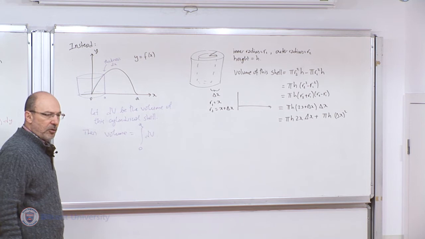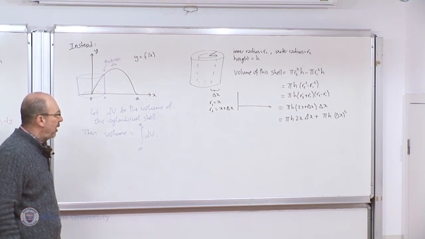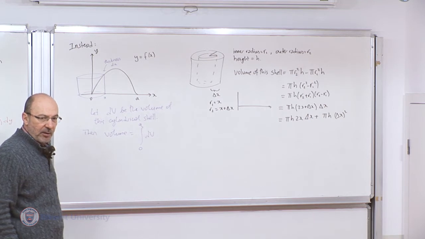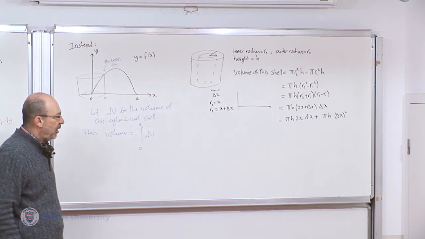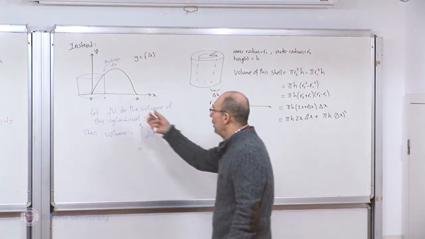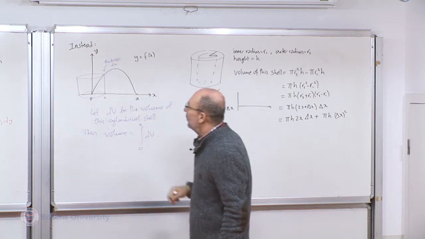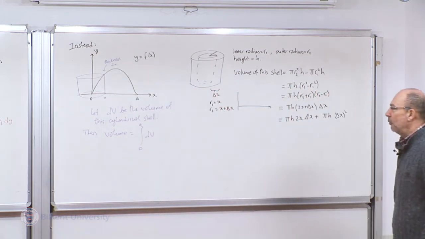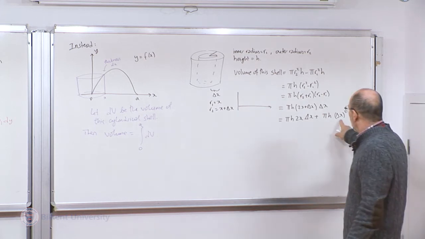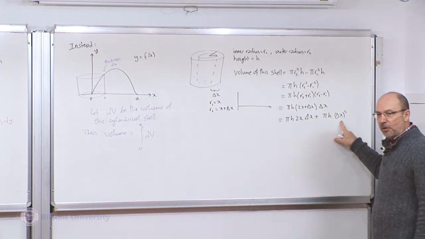The way you convince yourself with these arguments is that when delta x is very small, much, much less than 1, then delta x squared is even smaller, it's negligible. So in the limit, here you see I'm talking about a thin shell here. Delta x squared will be considered as 0.